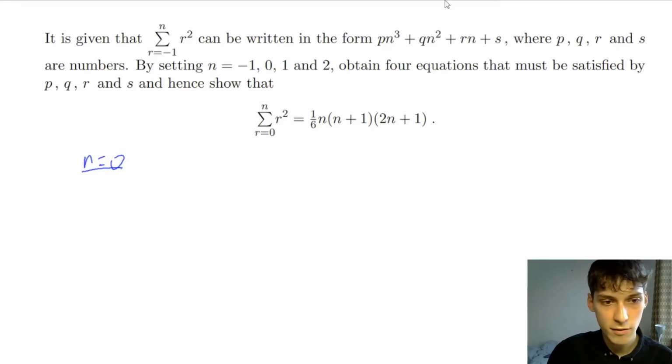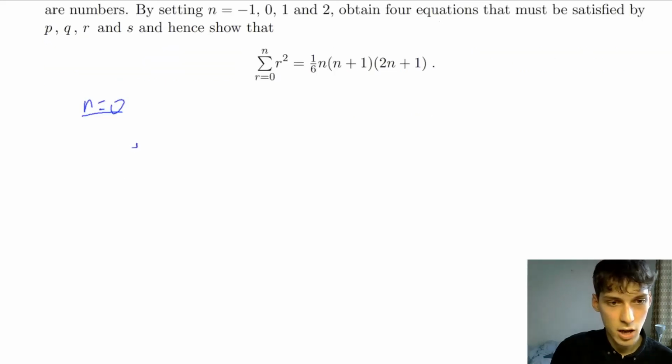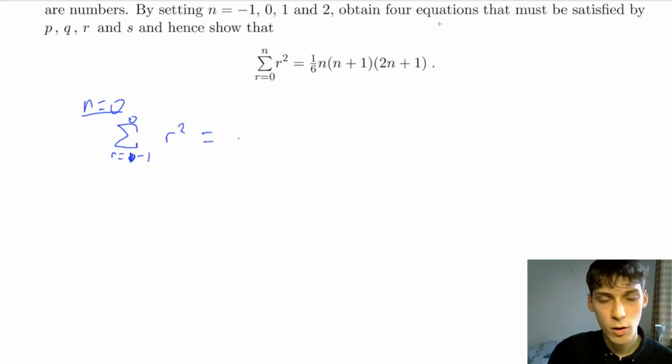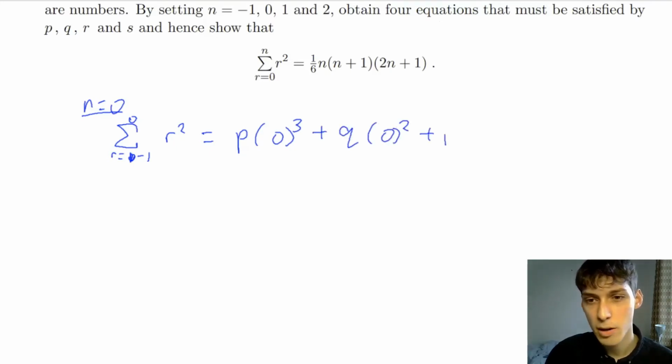So for n equals 0, we have that the sum from r equals -1 to 0 of r squared is equal to p times 0 cubed plus q times 0 squared plus r times 0 plus s.